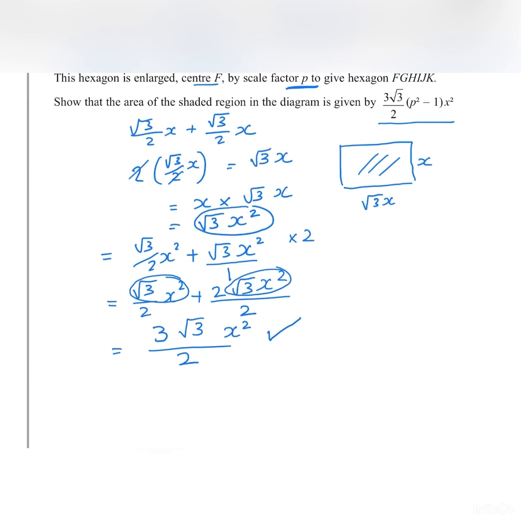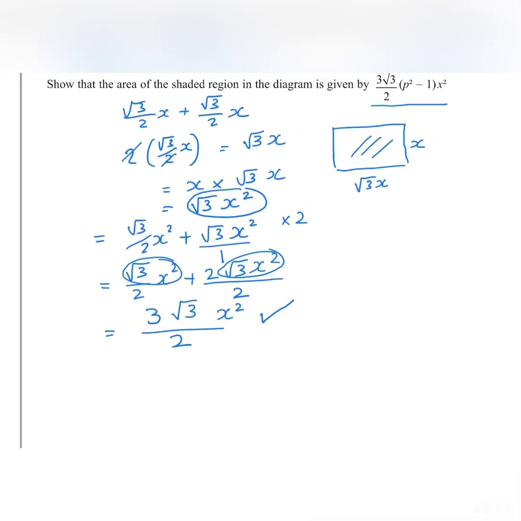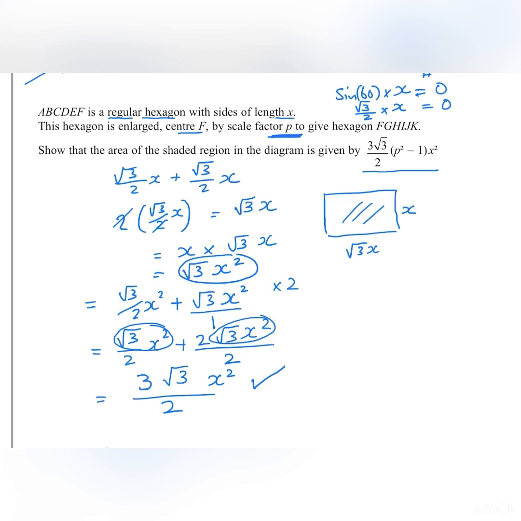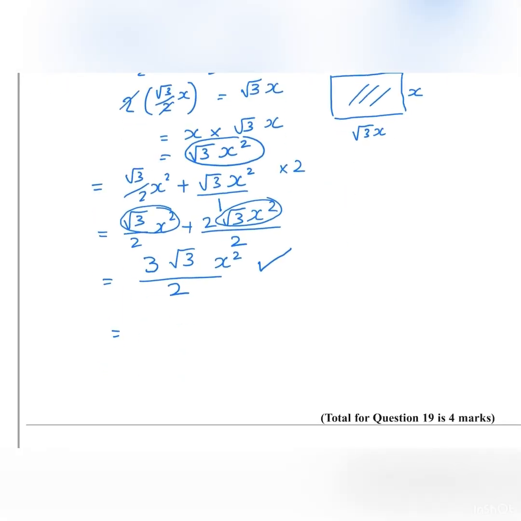Now, the shaded area we can figure out by, so the area of the bigger hexagon would be, because we're given a scale factor of p, so that means p squared times 3 root 3 over 2 x squared would be the area of the bigger hexagon.